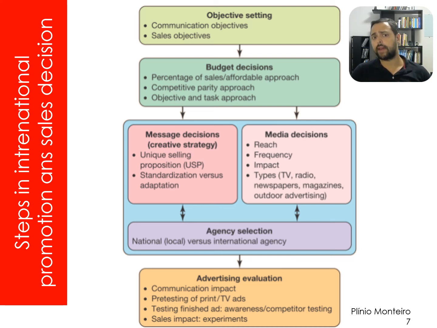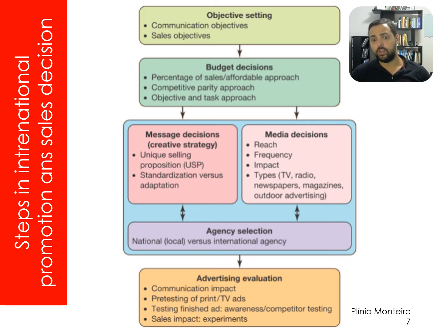And in this area, we need to have a very clear understanding of our unique selling proposition. So what will be the main idea that you're going to use to reach our audiences? And finally, what will be the degree of standardization versus adaptation of this unique selling proposition worldwide?